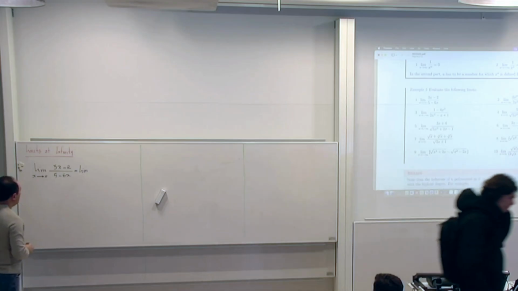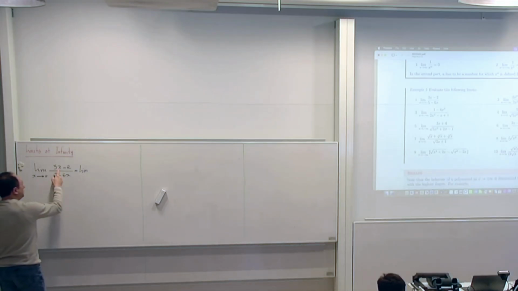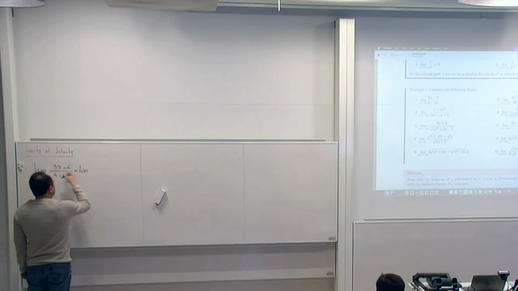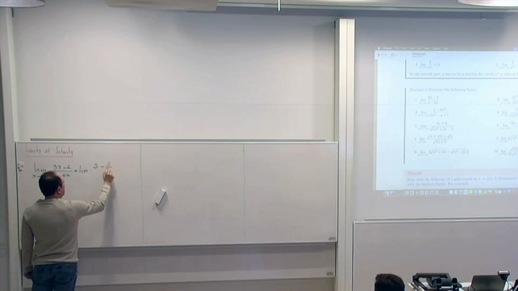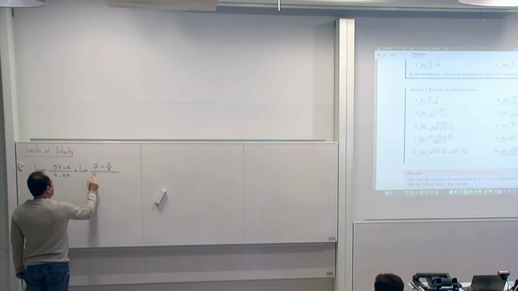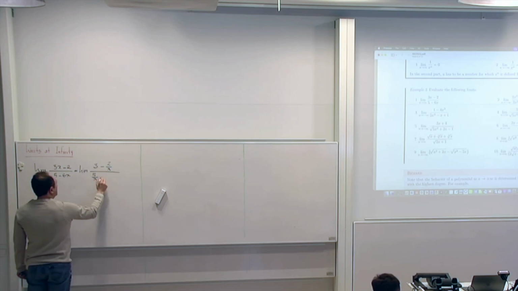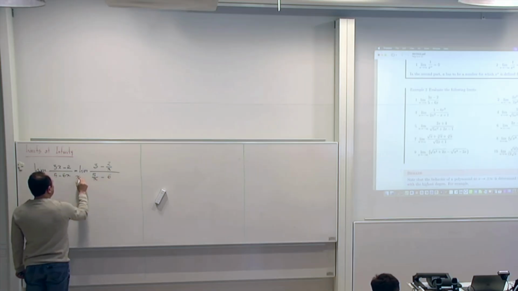So what do you do? You divide the numerator and the denominator by x here. So this becomes 3, this becomes minus 2 over x, and then divided by 5 over x minus 6, and then I send x to infinity.